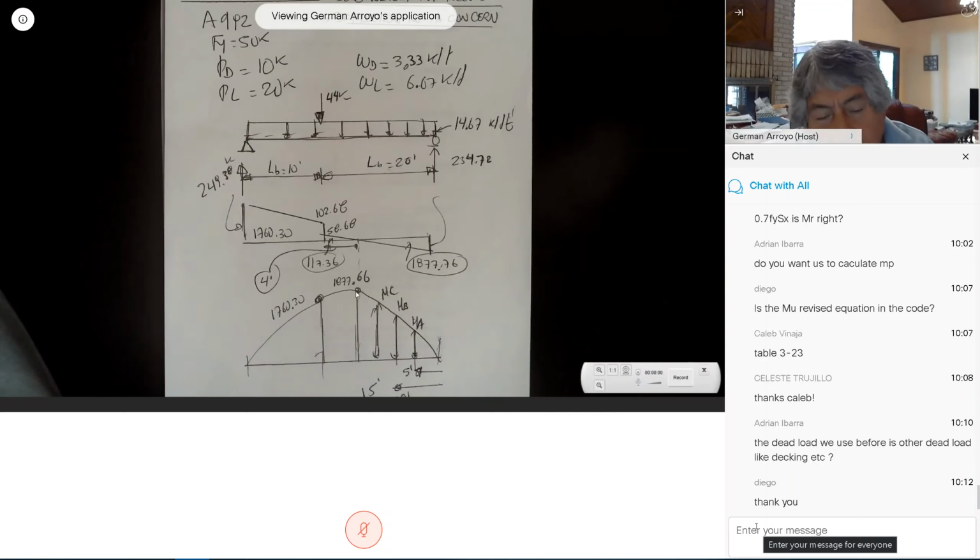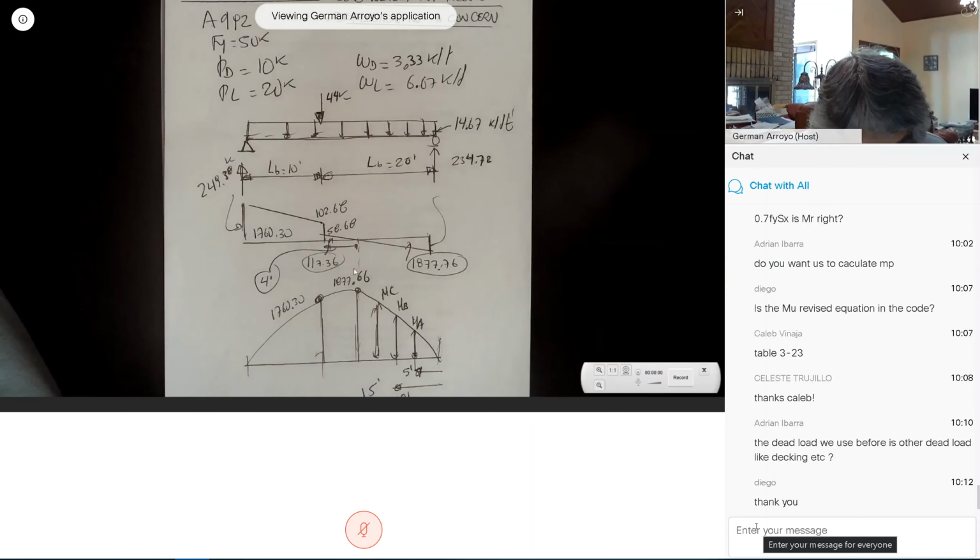And using the method of the area, so we had this area at 1760.30. That's why at this location, this is the moment. This later area, this is by similar triangle, this is 4. So if you look at the 4, this is 16.